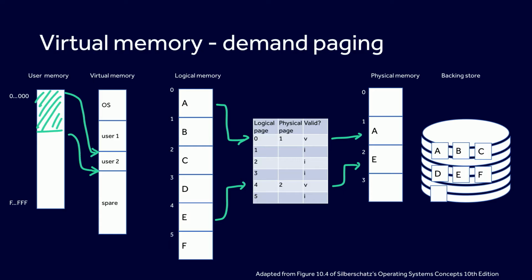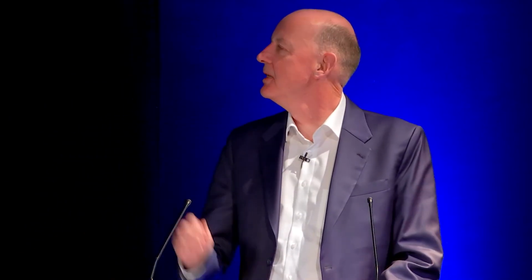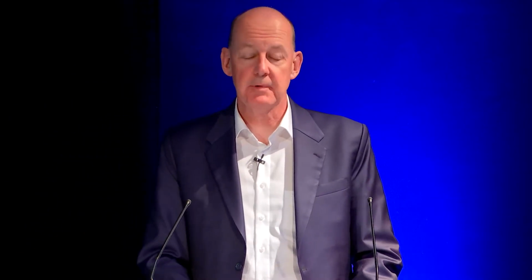So if somebody says, I want page C, please, a page fault is generated here, and the paging system goes, quick, you want page C. Do we have it? No? Right, get it in from disk, get it in from disk. It's like one of those French farces, where something horrible is happening behind the doors and somebody says, nothing to see here. What's actually happening is the system is just saying, I'm not ready yet, I'm not ready yet.